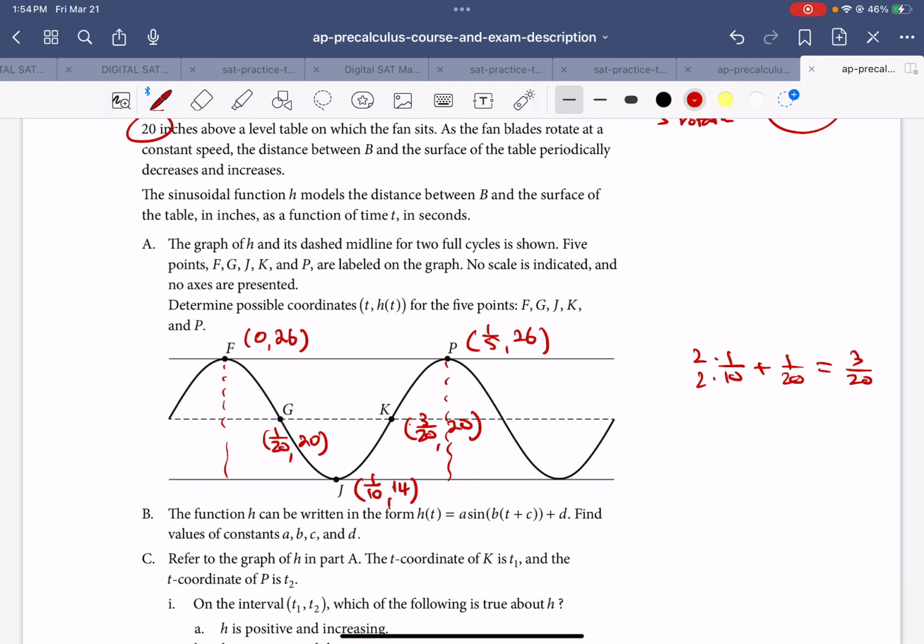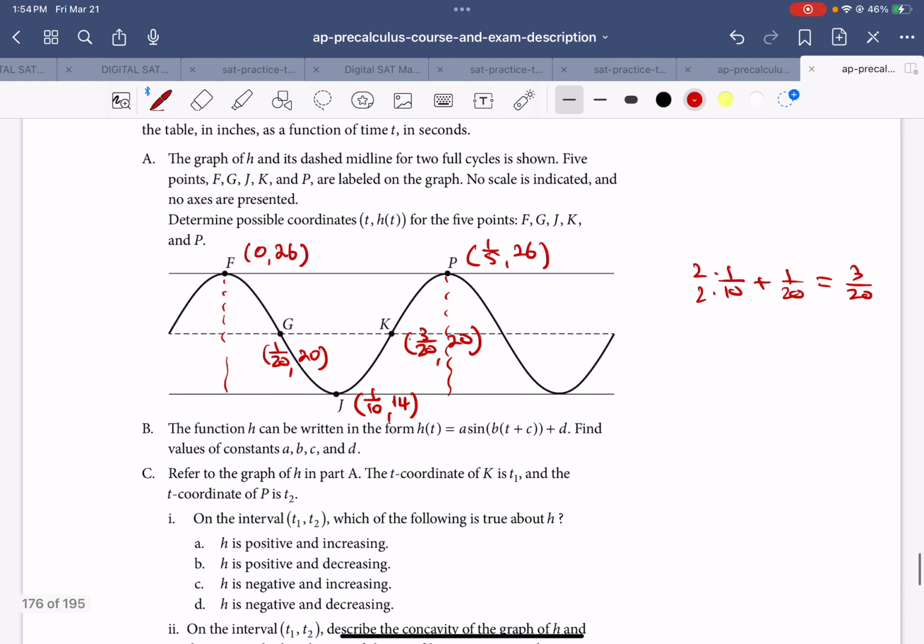Okay, let's move on. Now part B: the function h can be written like this. But if you think about your graph, starting from here all the way up to here is one period, and that's a cosine. But they give you the function sine. So you need to shift your graph like this.